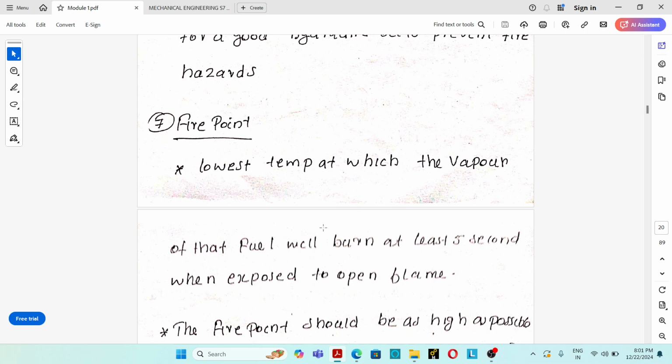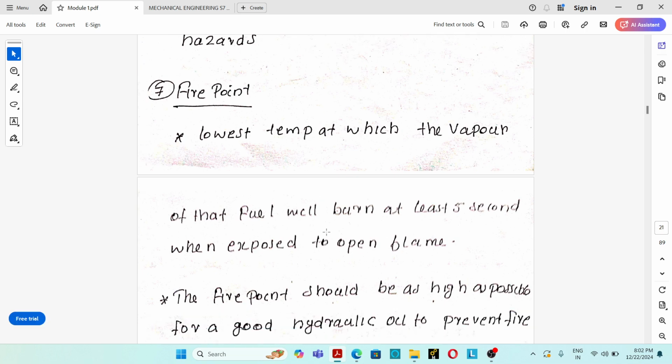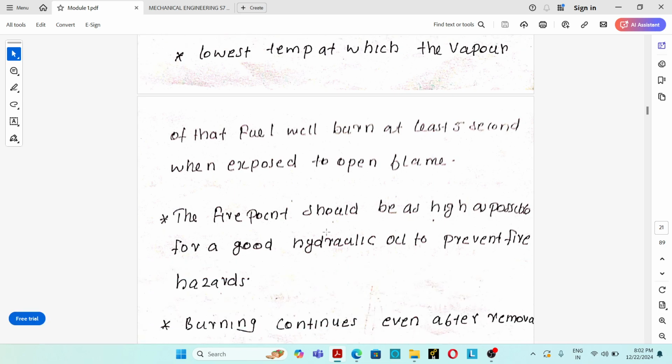It is the lowest temperature at which vapor of that fuel will burn for at least 5 seconds when exposed to an open flame. The fire will be there for at least 5 seconds even if we remove the ignition source. In the case of flash point, the flash is there only in the presence of the ignition source. In fire point, even when we remove the ignition source, there will be flame for at least 5 seconds. Fire point should be as high as possible for a good hydraulic oil to prevent fire hazard.